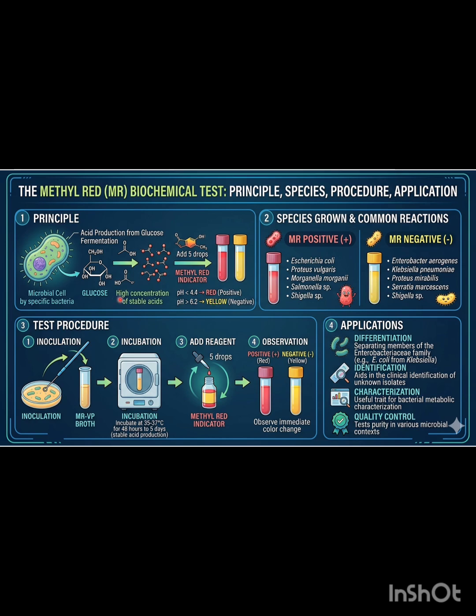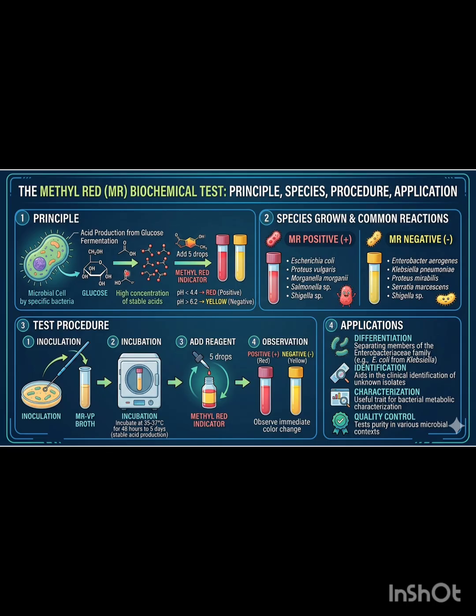If the pH is below 4.4, it is going to give red, which is a positive test. If it is greater than 6.8, it is going to give yellow, which means a negative test.